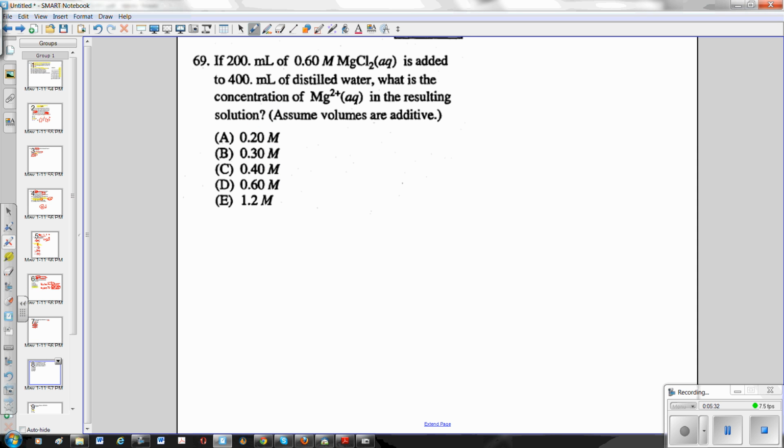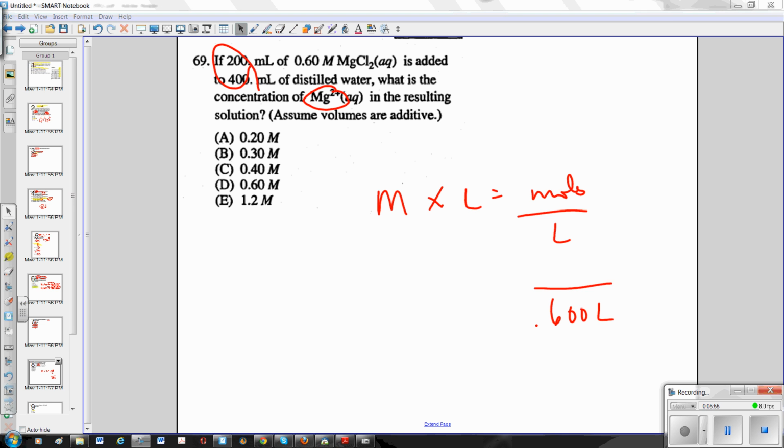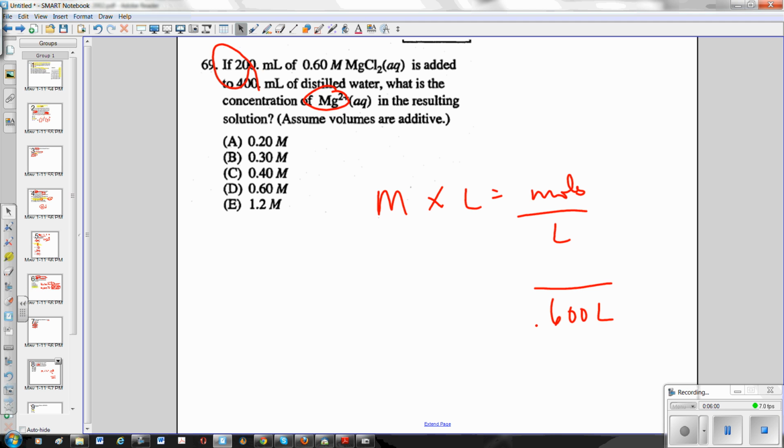Okay, this one. When you go to do this one, remember they're asking you for molarity. So remember, molarity times liters will always get you moles. So you need moles over liters. Well, the liters, when you combine the two, are going to be 0.600 liters, because you have 200 milliliters and 400 milliliters. So you take the molarity, which is 0.60, times the volume in liters, which for 200 I'm going to change to 0.200.